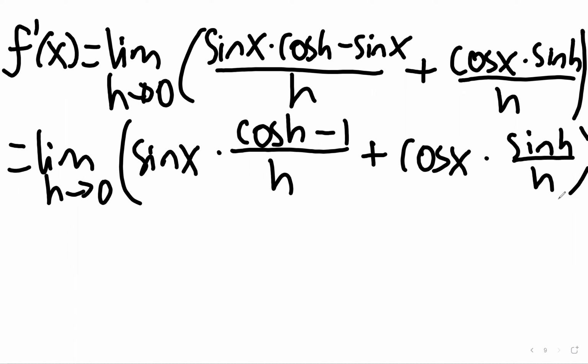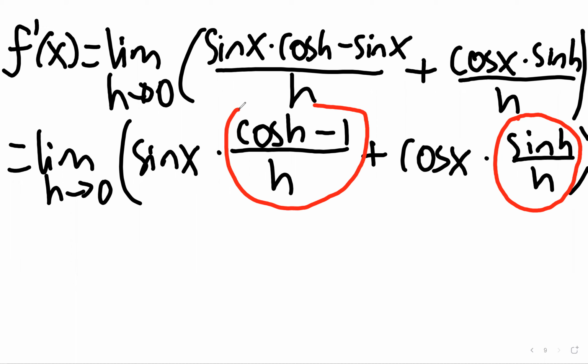We recall that the limit as h tends to 0 of sine of h over h is 1. So the limit of this term as h tends to 0 is 1, and the limit of this term as h tends to 0 is 0.